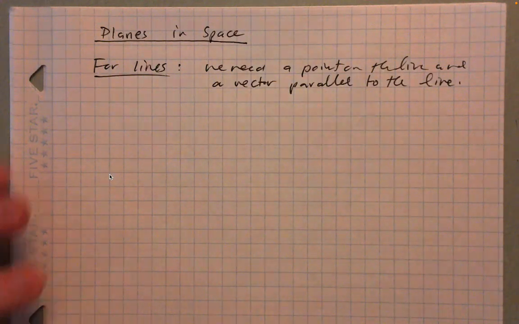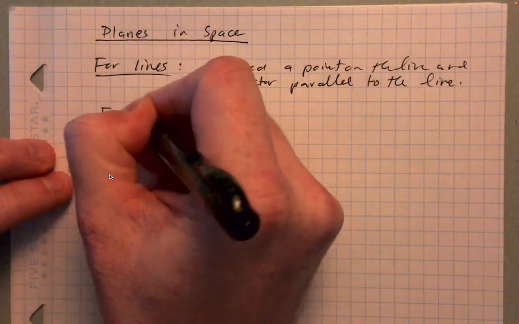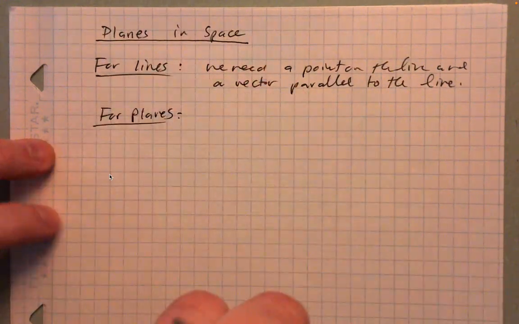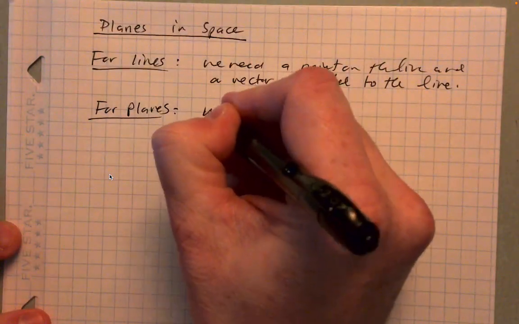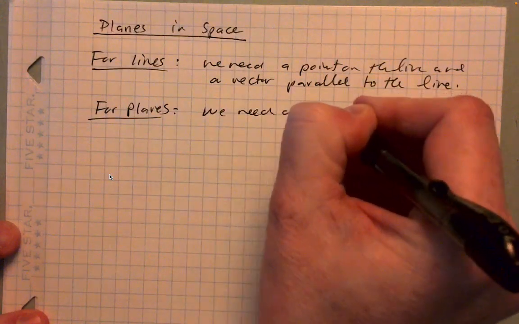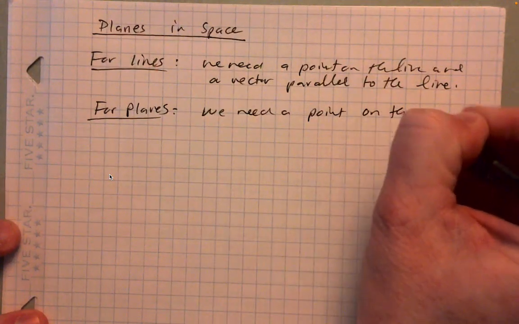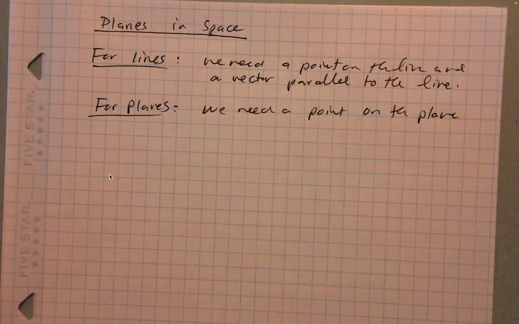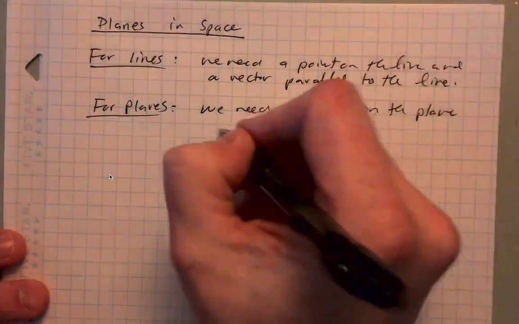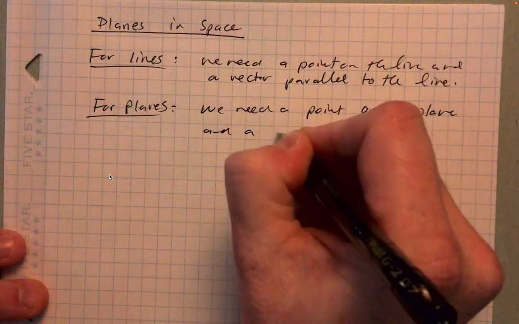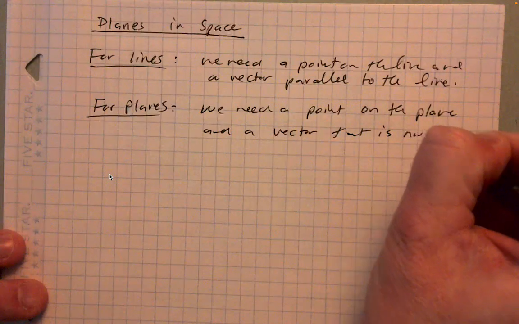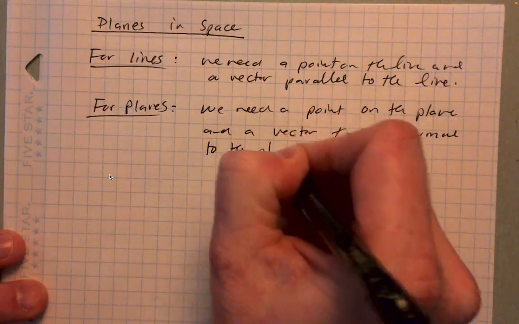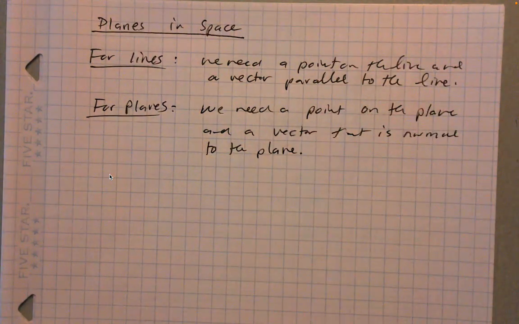So for planes, we need a point in the plane and a vector that is normal to the plane, a vector that is 90 degrees to the plane.